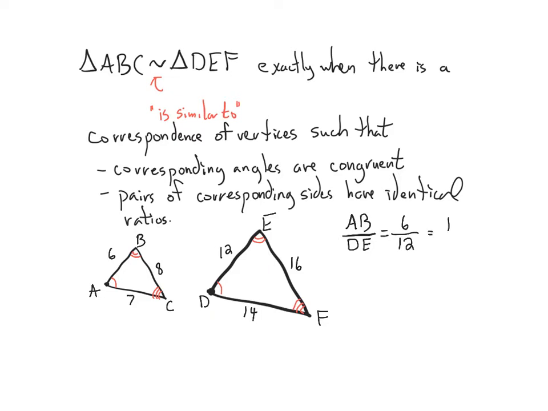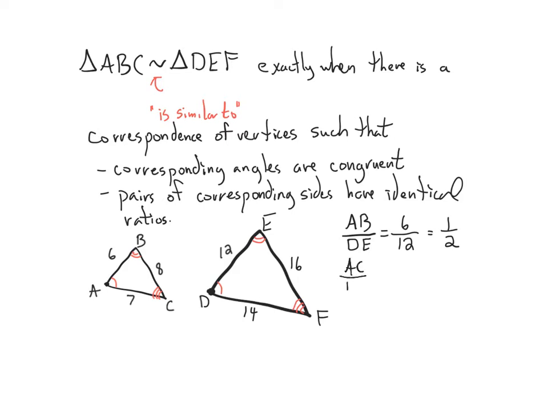So that ratio simplifies to a half. So you can think of this as saying the lengths of the sides of the first triangle are half the lengths of the sides of the second. And you can see that this holds for all pairs of corresponding sides.